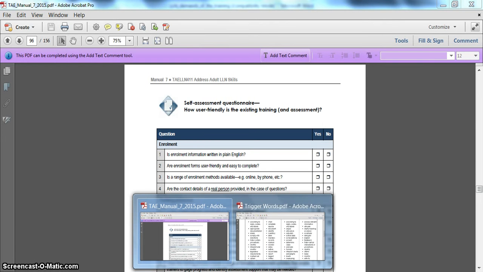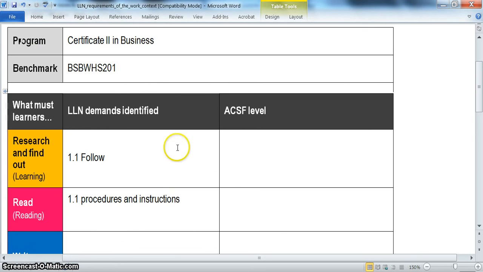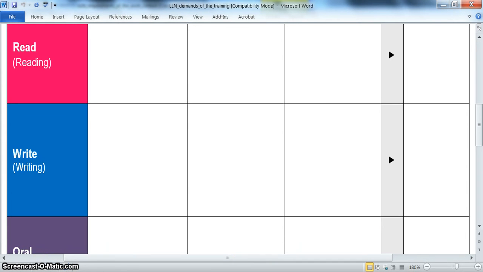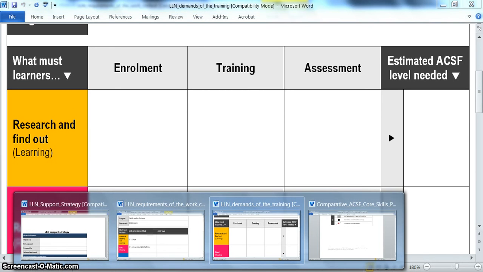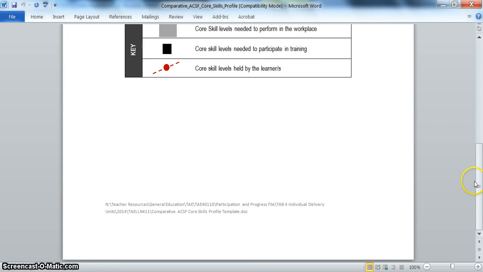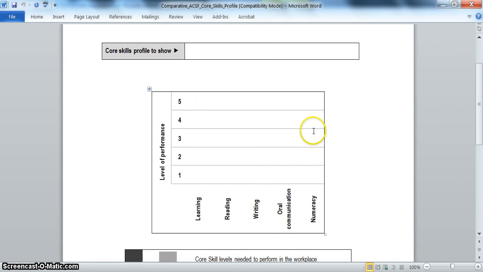So the key things to remember in all of this is to document down what our expectations of the unit are, what are our expectations of the training, and identify what the core skills of the levels of the learner are through our various tools and indicators.